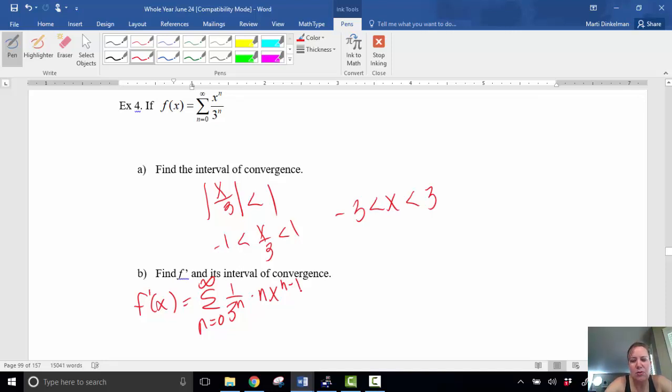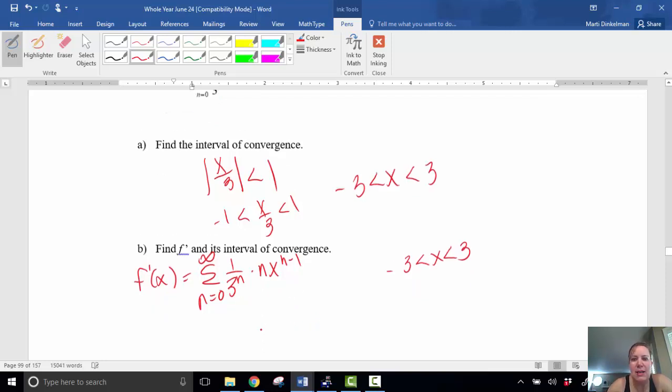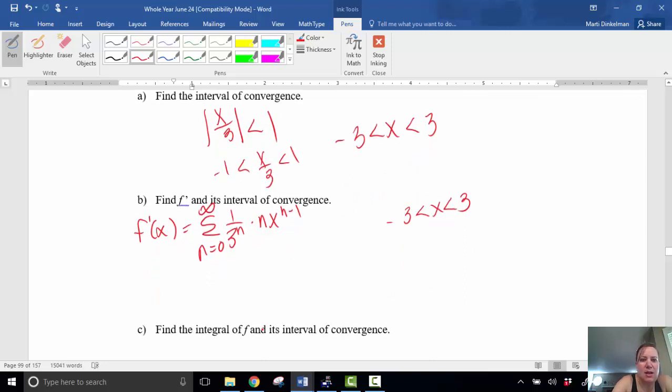Now again, I could do ratio tests, but I know that for the ratio test, I'm going to get the same interval. It's just that now this is not geometric because of the n here, I want to see whether or not this thing is going to converge or diverge at the endpoints. So let's see what happens when x is -3 and when x is 3. Okay, so at -3, we're plugging this in for x here.